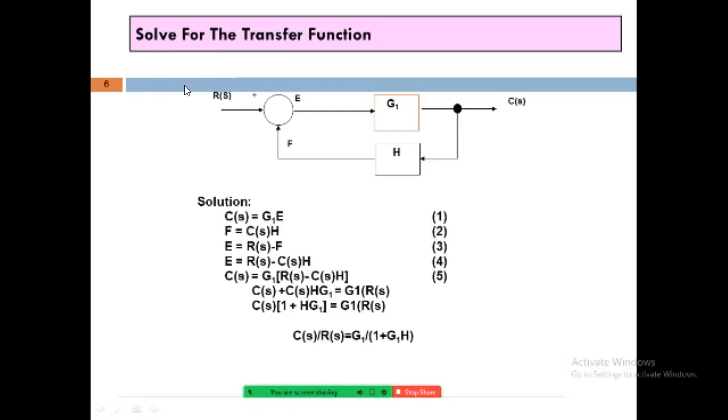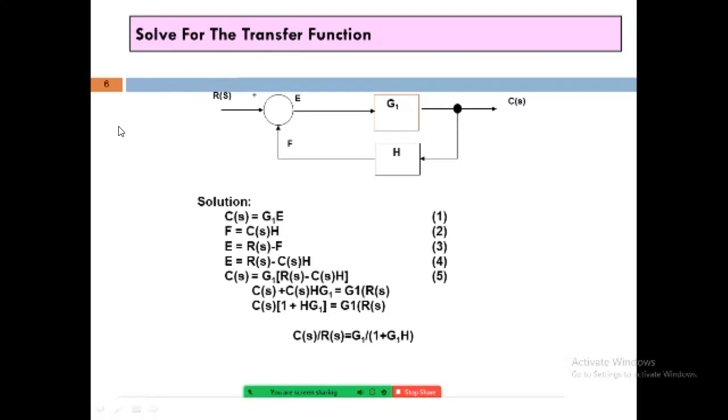Then moving towards this point F, F equals C(S) into H. Why H? Because in the feedback path, this H and the C(S) are in series, so F will be the output of C(S) and H.